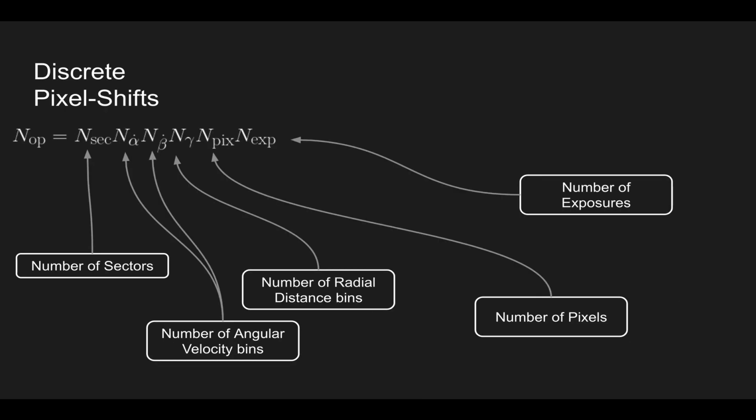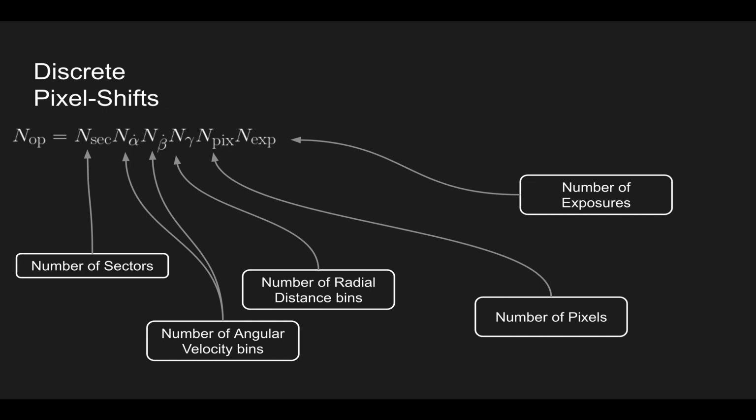Okay, so what we need to consider is the total number of computational operations that we're going to need to perform in order to exhaustively search everything. We're going to need to consider the total number of sectors, the total number of exposures per sector, the total number of pixels on each exposure, the total number of those angular velocity bins that I talked about, and also the total number of radial distance bins, like the total number of distances that we'll want to search for these objects at.